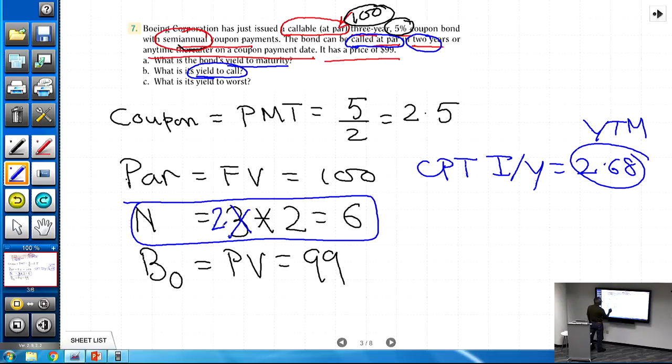It can be called at 2 years, so this becomes 4. It also says that it can be called at par, so the par value remains at 100. The price of the bond is still 99, so I will have to recompute IY.